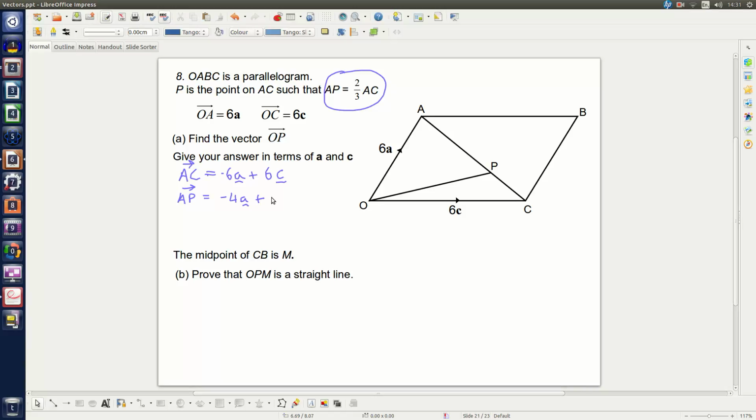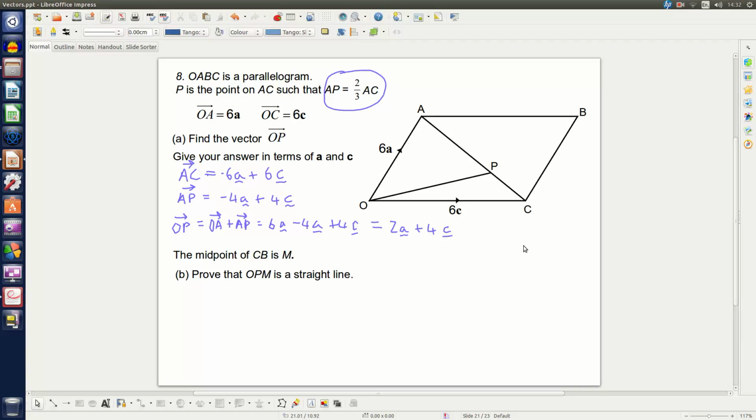And now I'm in a position to find OP. OP is simply OA plus AP. Giving us 6A minus 4A plus 4C, and we end up with an answer of 2A plus 4C.